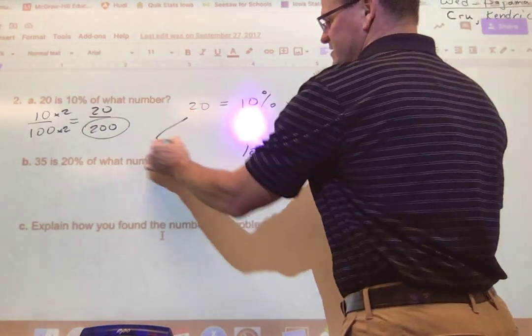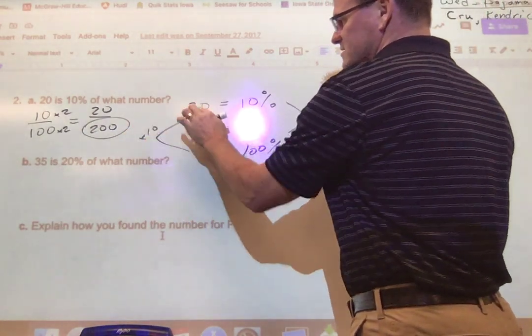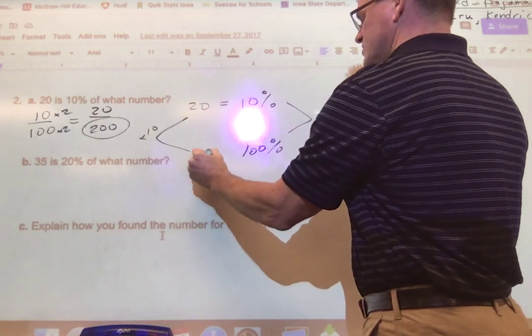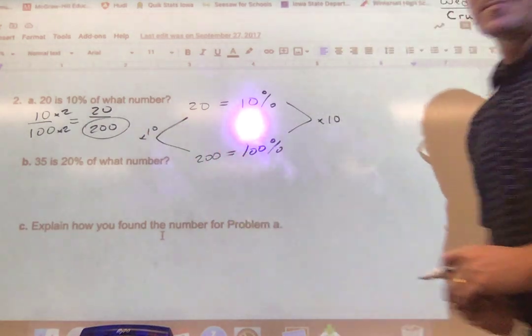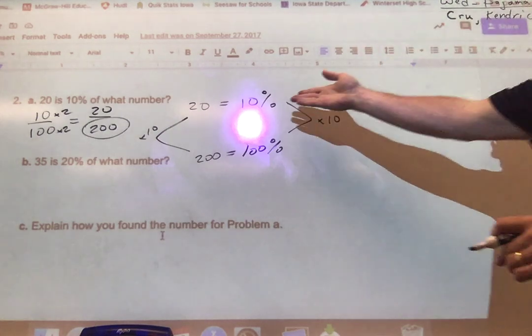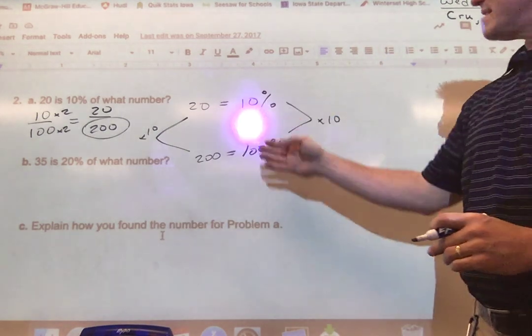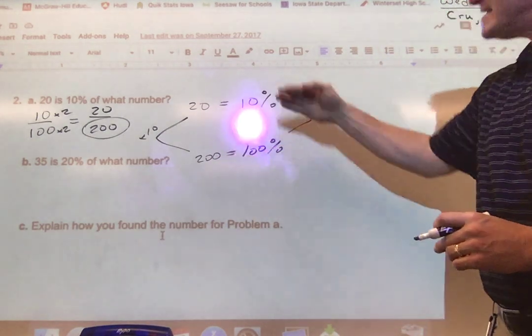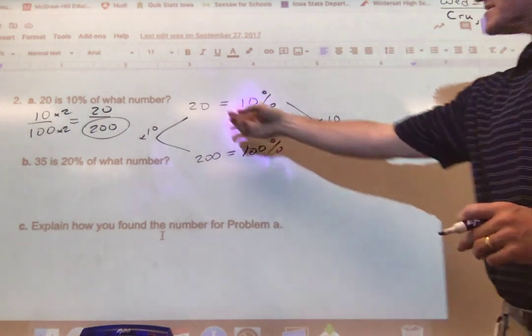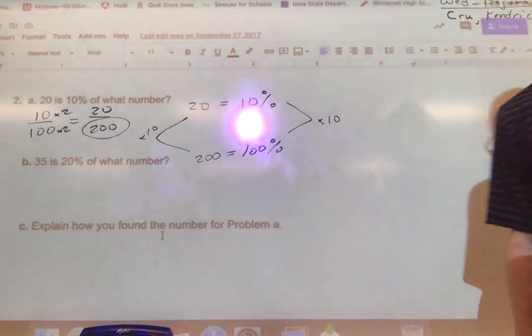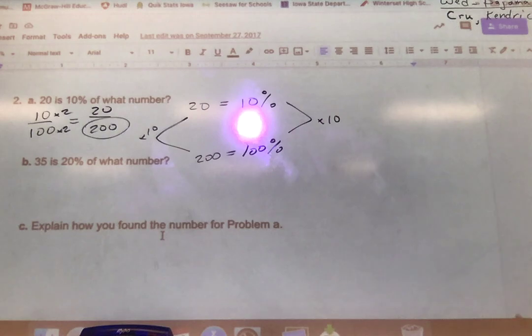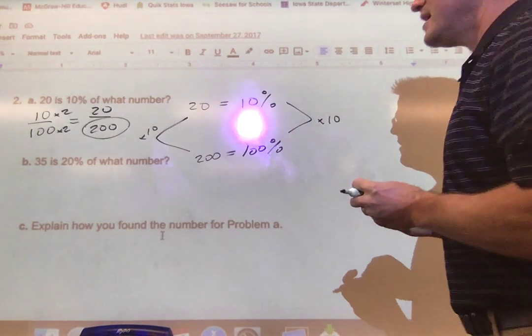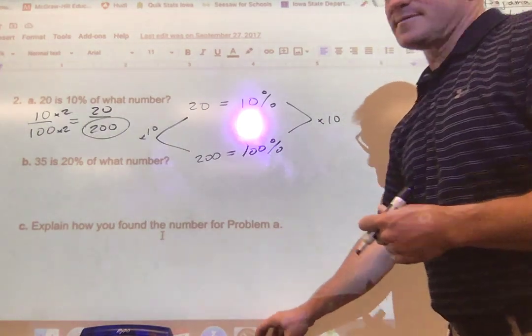So I must simply do this 10 times as well. So 20 times 10 is 200 equals 100%. So I can do it both ways. 10% is 20, so that means 100% has to be 200. I need 10 times more to get to 100%, so I got to do 20 10 times to get to 200. So there's another way to think about it to help you solve a problem like this.